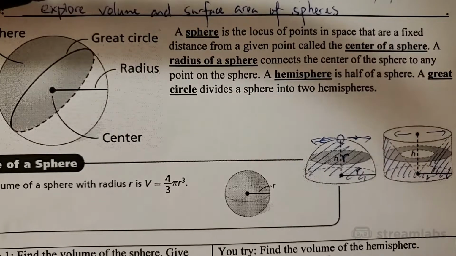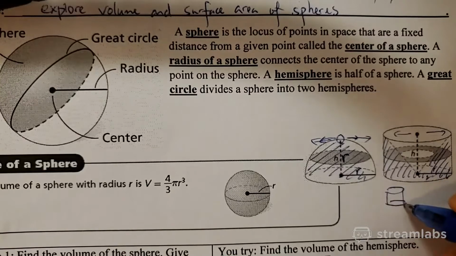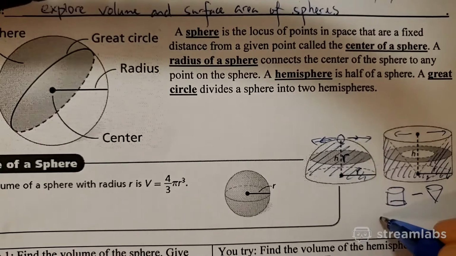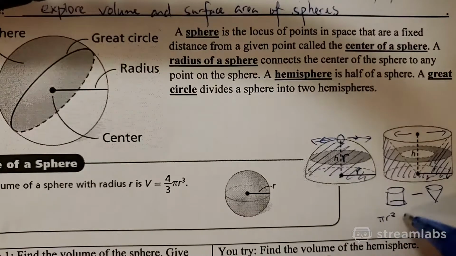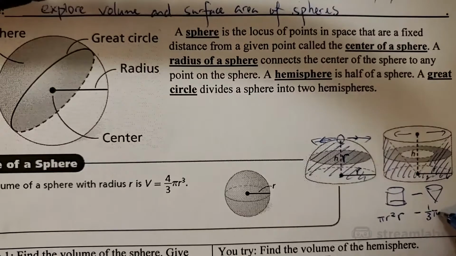Okay, so how do I calculate the volume of this? Isn't the volume of this the cylinder minus the cone, right? So a cylinder will be what? Pi r squared h, but h right now is the same as r, so pi r cubed basically, minus the cone, which is 1/3 of that, right? So 1/3 pi r squared h, which is also r.